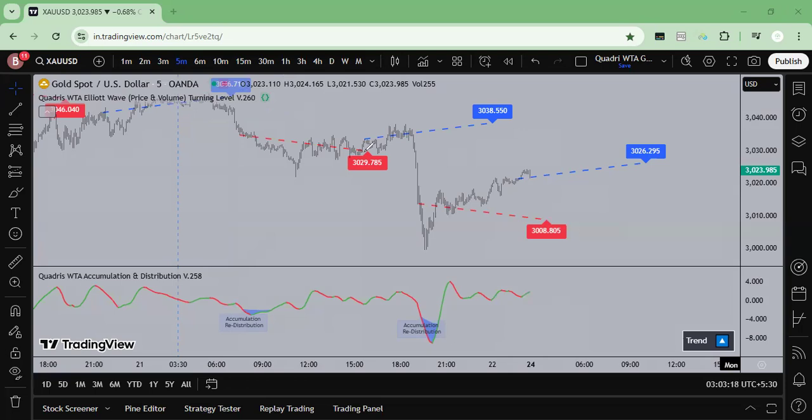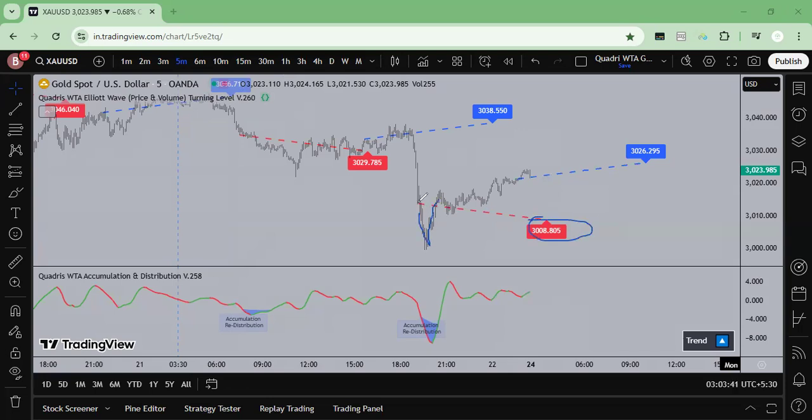Sorry for my voice. Here you can see it will give you a price projection of future market levels. Blue stands for higher levels and red stands for lower levels. What I have seen is that the market reacts to these levels once they are breached.